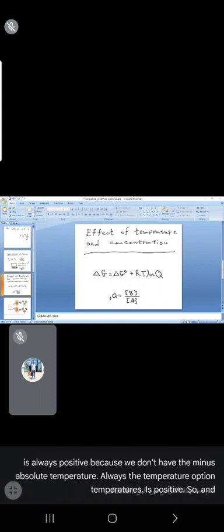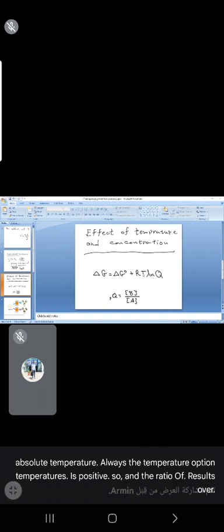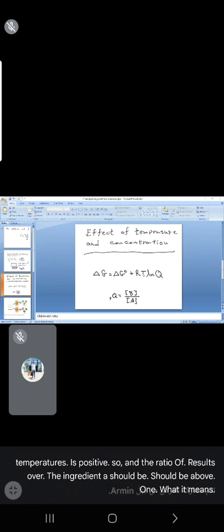And the ratio of results over the ingredient A should be above 1. What does it mean? If it's below 1, the ln Q becomes minus.